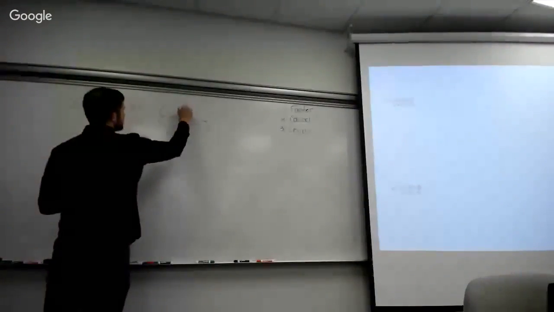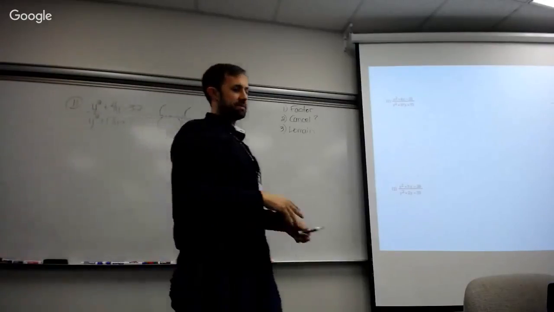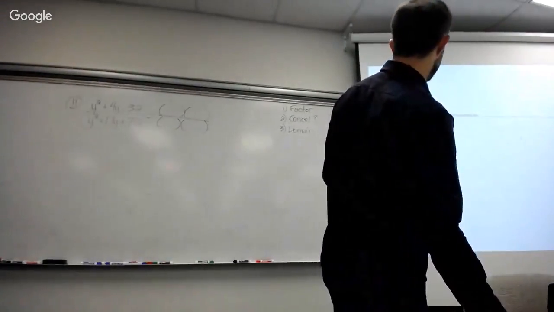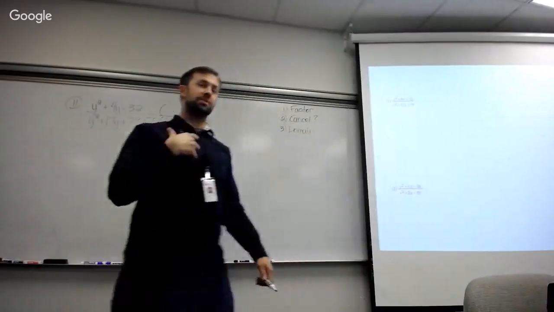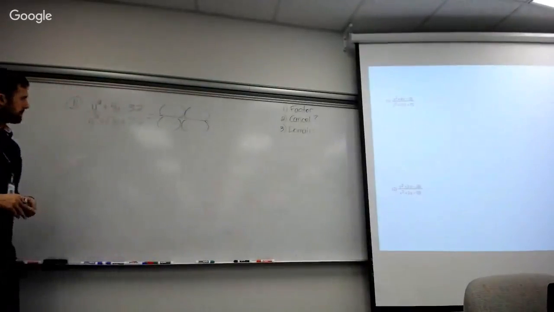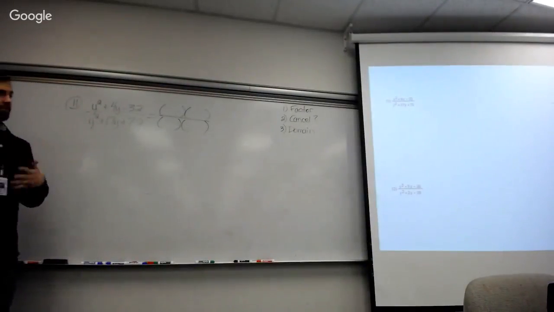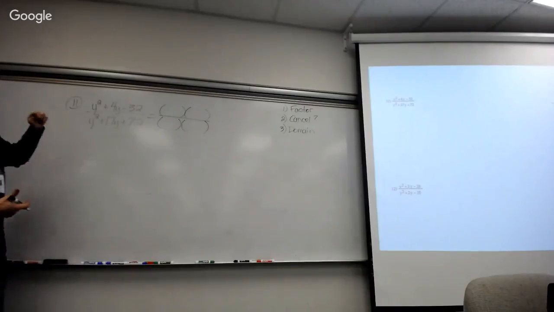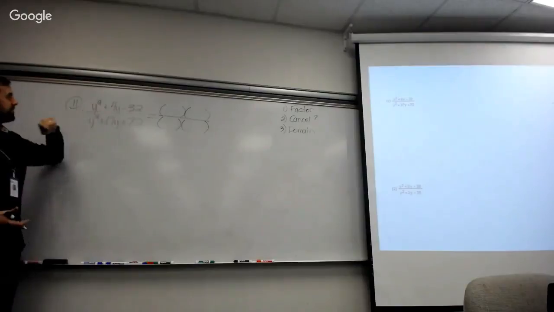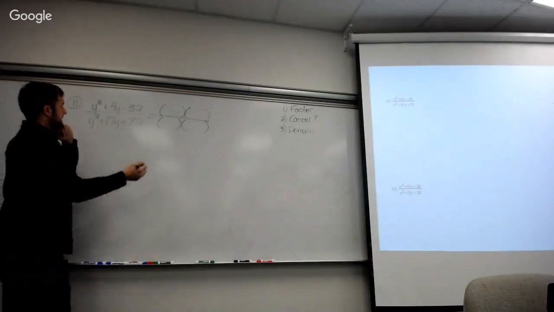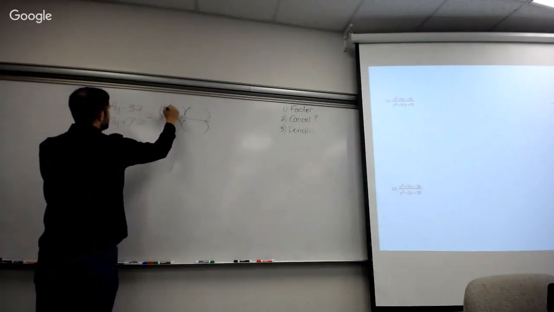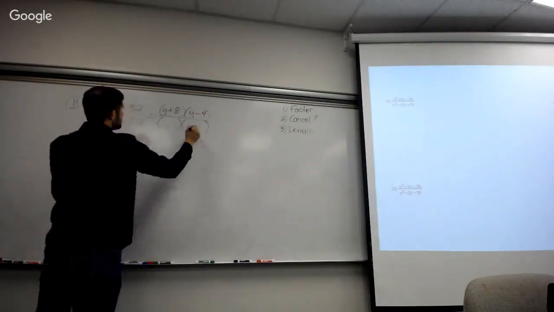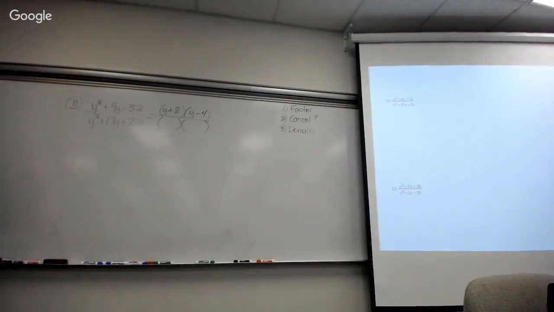So at this point, for the next couple problems, folks, 11 and 12, I'll do one with you, you do the other one. The main point is it practices your factoring skills. So the numerator, what multiplies to make -32 that adds to make 4? -4 and 8. So y plus 8 and y minus 4. That's the top.